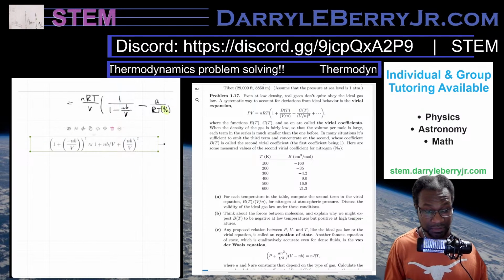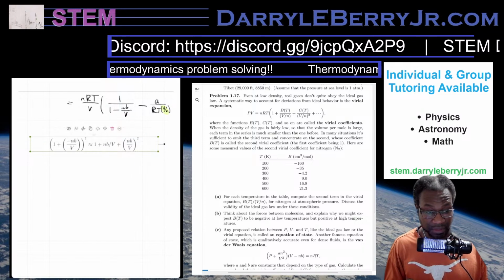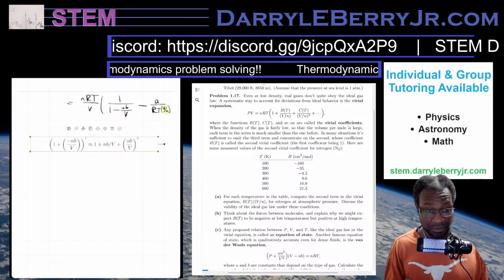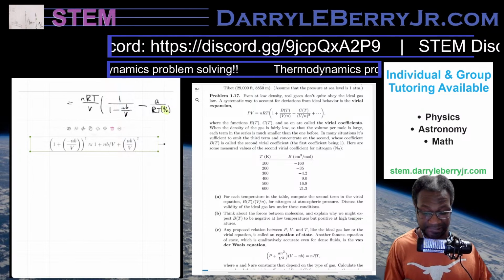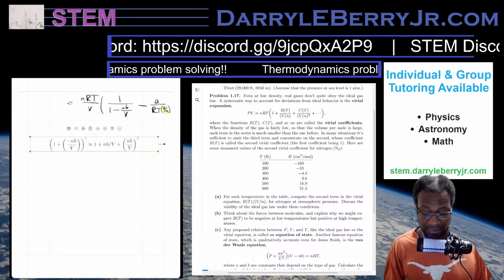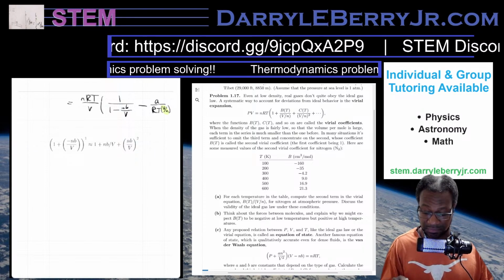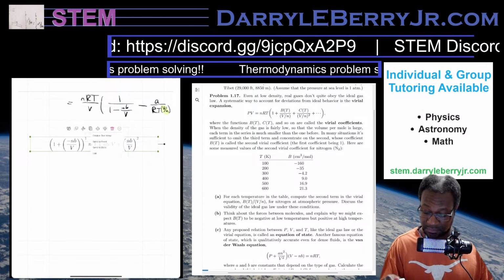That's 1 plus negative NB over V, and negative 1 as an exponent.